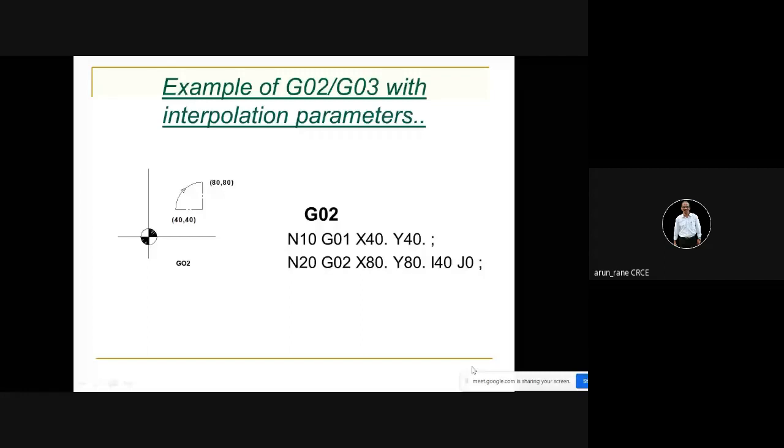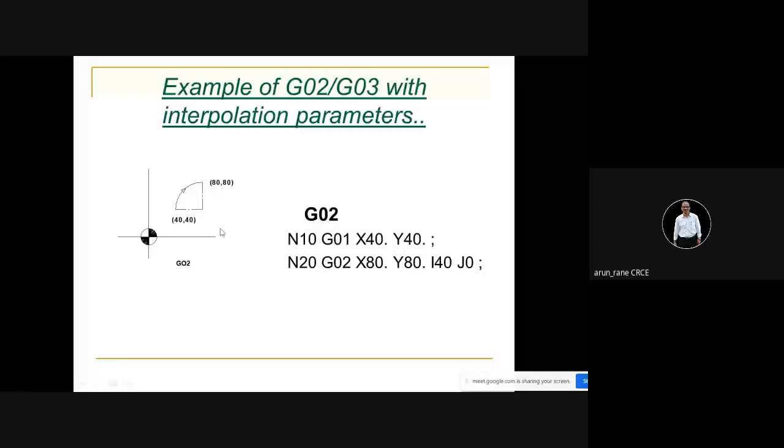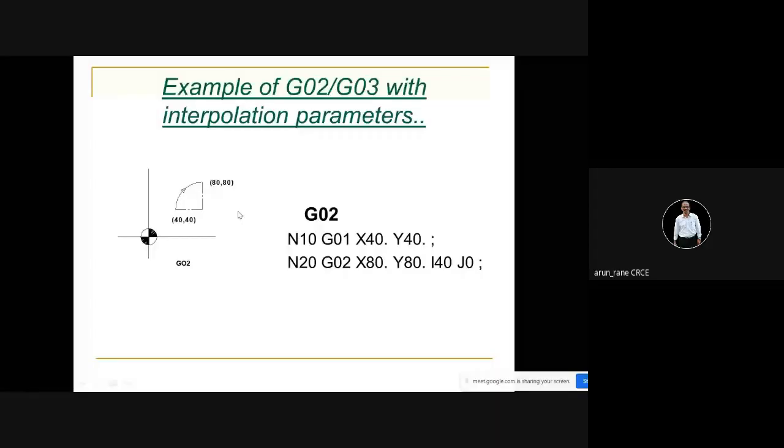So this is the start point, that is X40, Y40. This is the start point, and the end point is X80 and Y80, and then the center. You know, center is here, and you have to define it with respect to the start point. So that will be I40. I stands for the X and J stands for the Y. So center is on the right hand side.